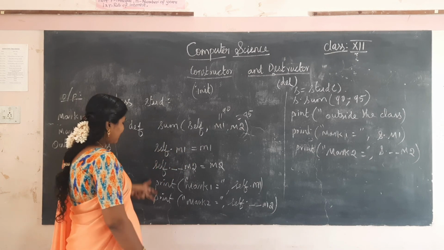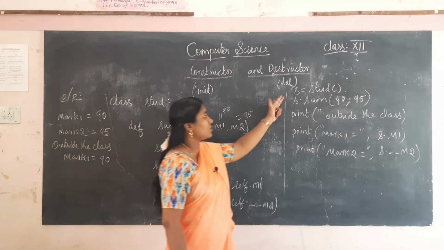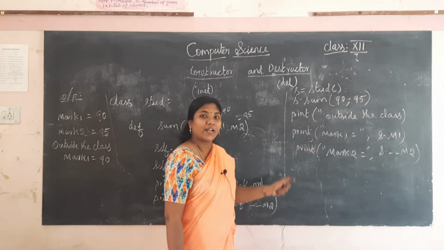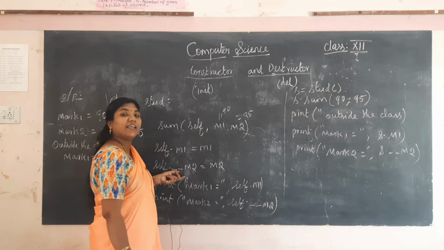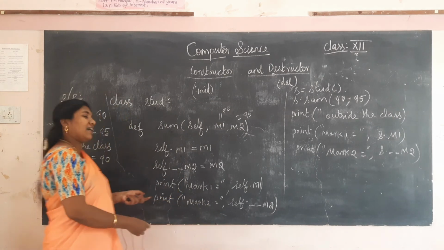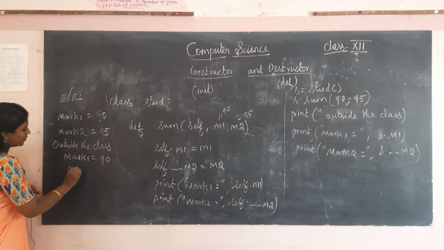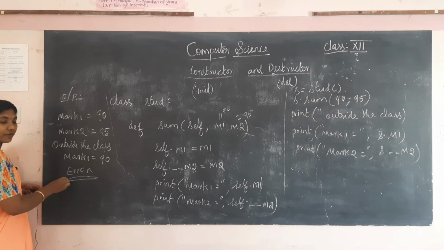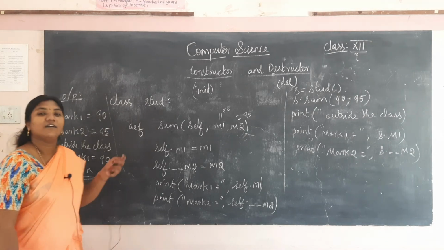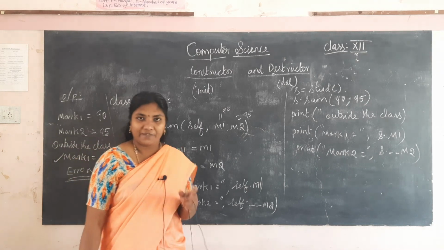The class has finished, so these statements are outside the class. So we cannot access the private variable because we have declared m2 as a private variable. It cannot be accessed outside the class. So here you will have one error. Only mark 1 will be accessed because we have declared only that as a public variable.